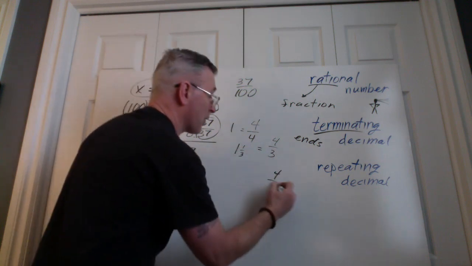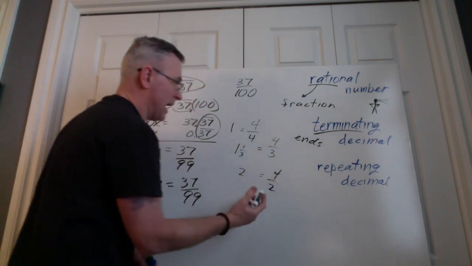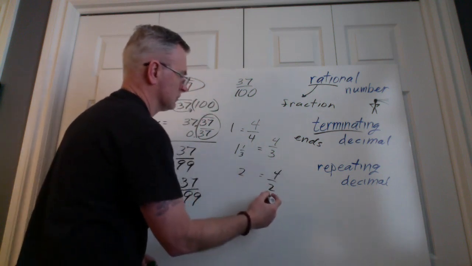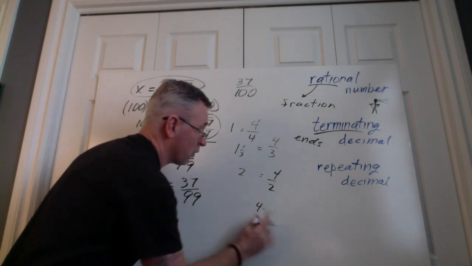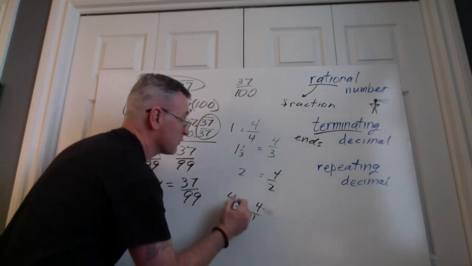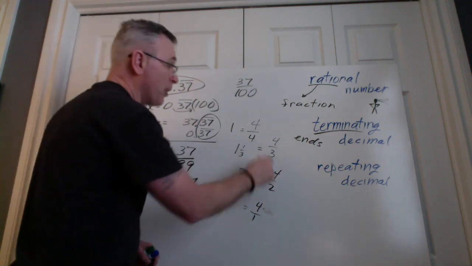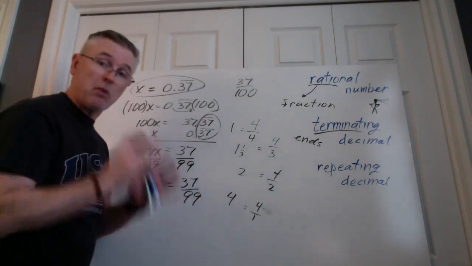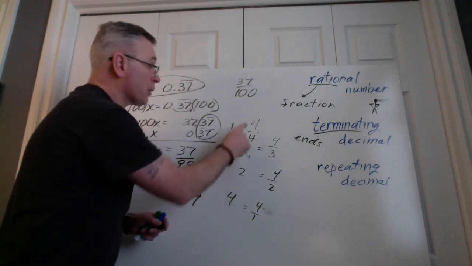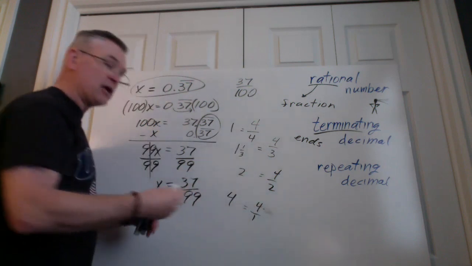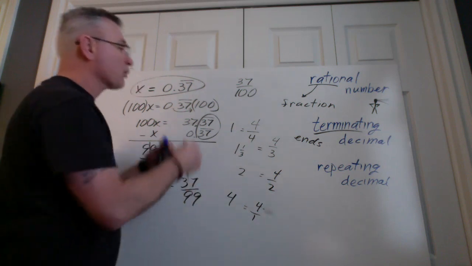If I had 4 halves, this becomes 2 now. If I had 4 over 1, this now becomes 4. So as the number on the bottom gets smaller, the number on the top becomes a greater value, or it's worth more.